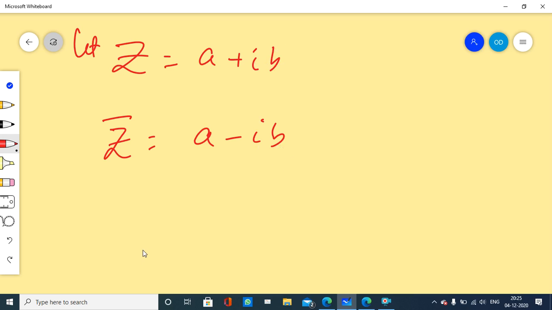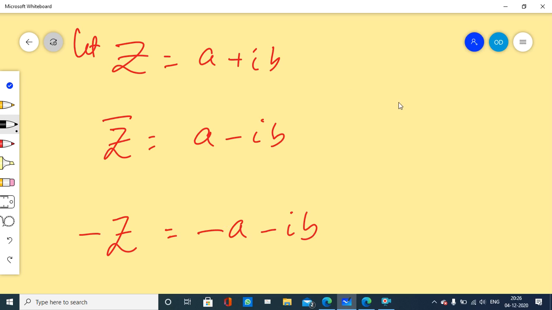Okay, that's it. Now, what is the additive inverse of z? Additive inverse of z is minus z. Remember, in the last class we discussed additive inverse. What is additive inverse? Simply multiply minus with it. Minus a minus ib. You get my point so far?